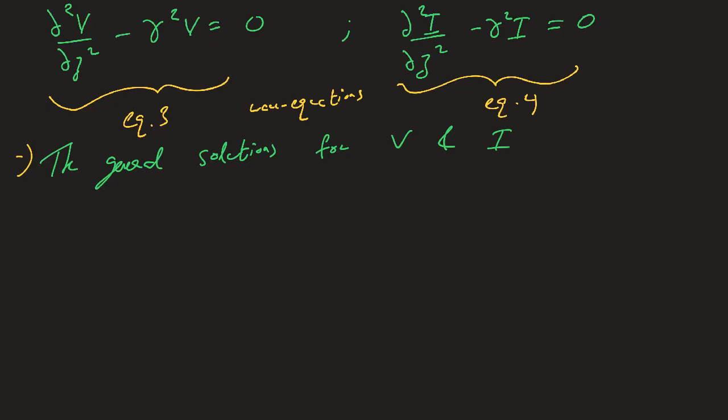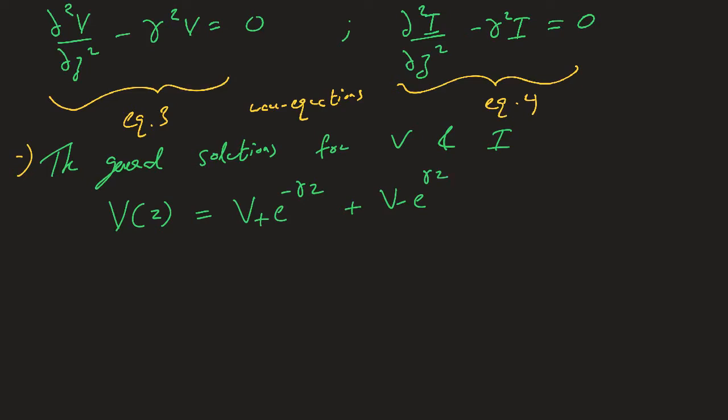So the general solution would be that in general V of z would be equal to V plus e to the minus gamma z plus V minus e to the plus gamma z, right?